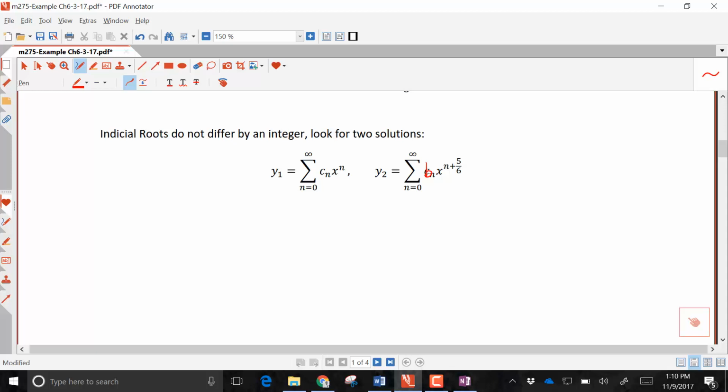So these are the two series that we're going to look for, and, as if one wasn't hard enough, I'm going to look for two. And then the second one is even more complicated because it has that extra plus 5/6.